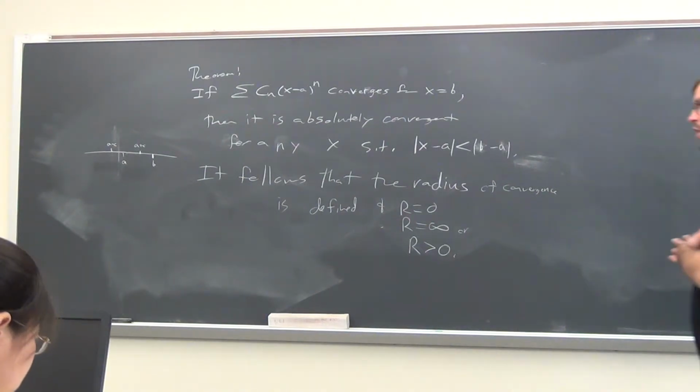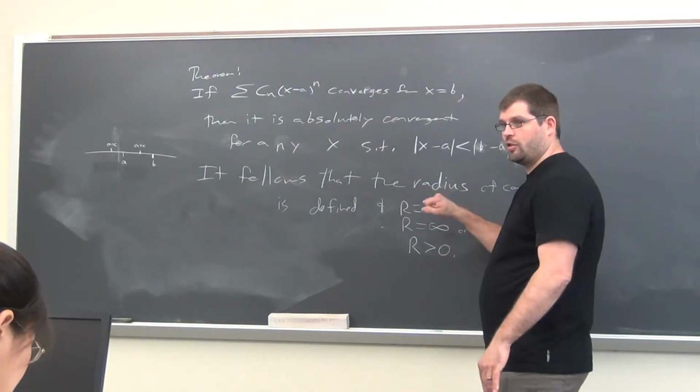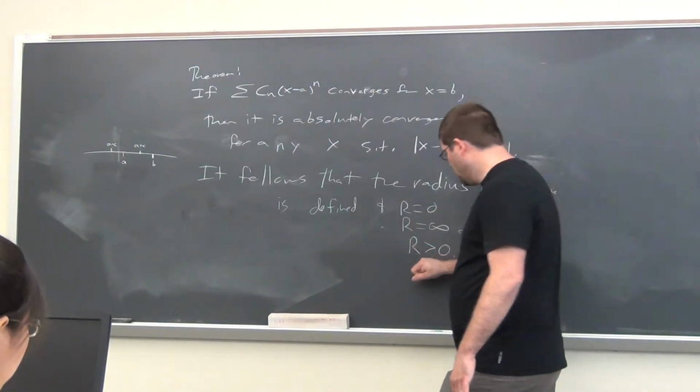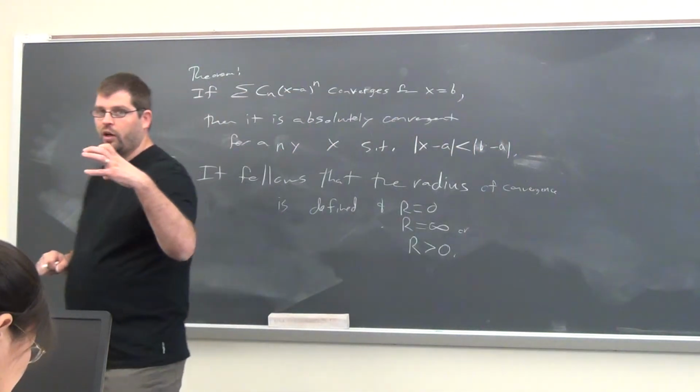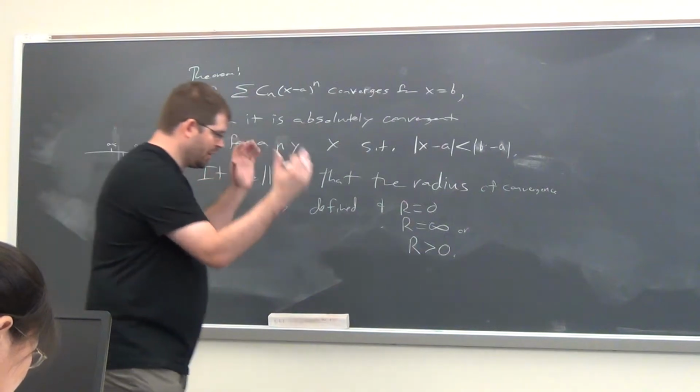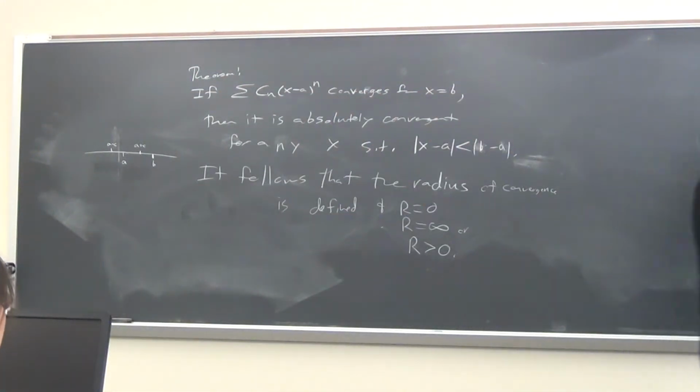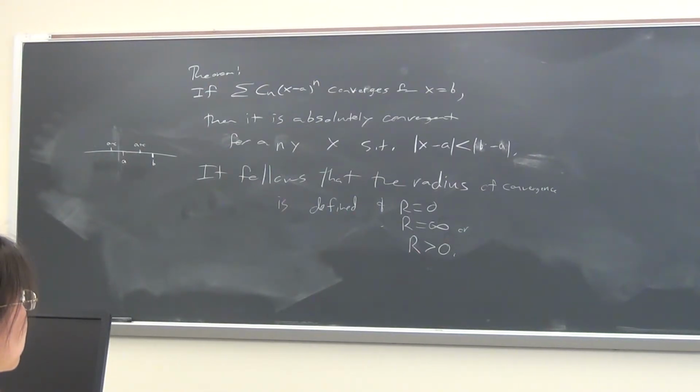You can have it converge everywhere, it can converge nowhere except for that one point, or else there's some cutoff point and it converges on everything that's closer than that, within that radius of convergence. And the endpoints need to be tested separately.